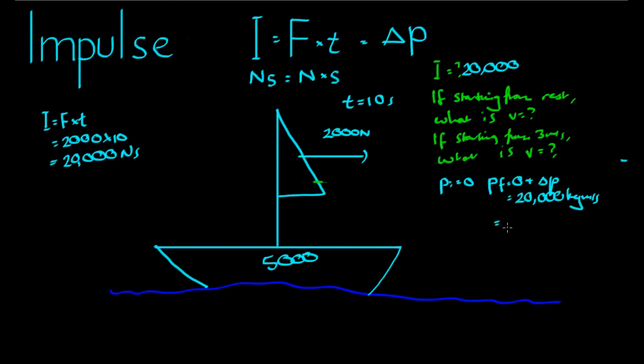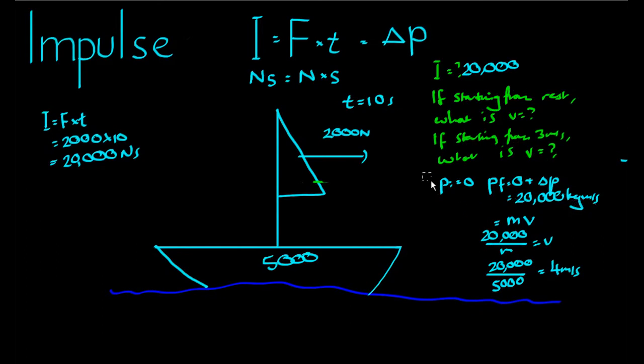That is made up of the mass of the sailboat multiplied by the mystery velocity. So 20,000 divided by the mass is equal to the velocity. That's 20,000 divided by 5,000, or that's going to be 4 meters per second. That's the final velocity if it did start at 0 meters per second.